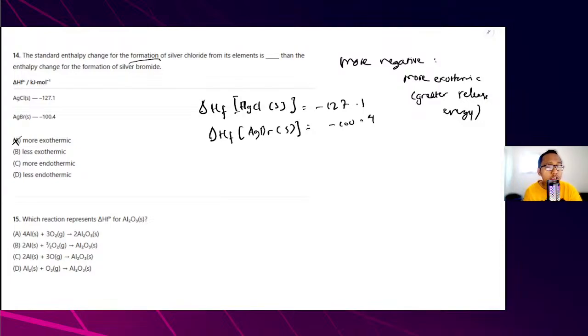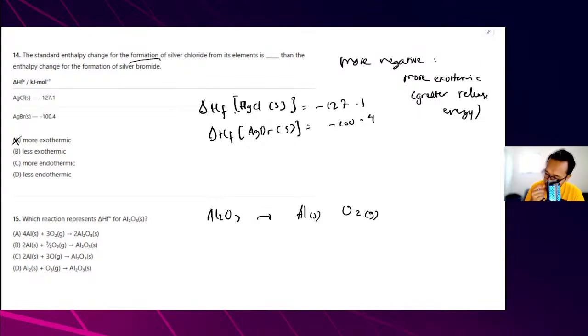The definition of delta HF is the enthalpy change when 1 mole of compound is formed from its elements in their standard states. For Al2O3, the standard states are Al as a solid and O2 as a gas.